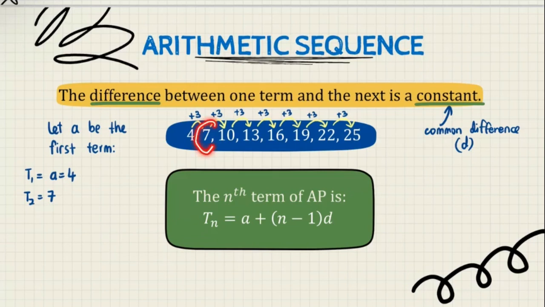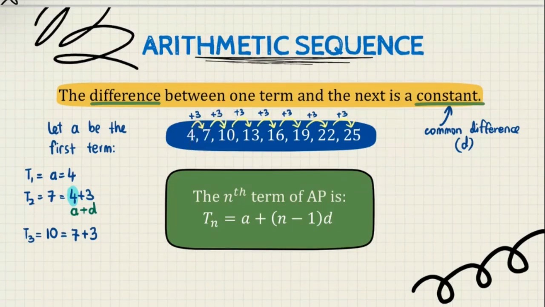So our second term is 7. 7 datang daripada mana? 4 plus 3, where 4 itself adalah kita punya nilai a, and d itu adalah kita punya 3 lah. Okay, and then if we look at the third term kita adalah 10, T3. Untuk term yang ketiga, 10 datangnya daripada 7 plus 3. Betul tak? 7 plus 3 we get 10.